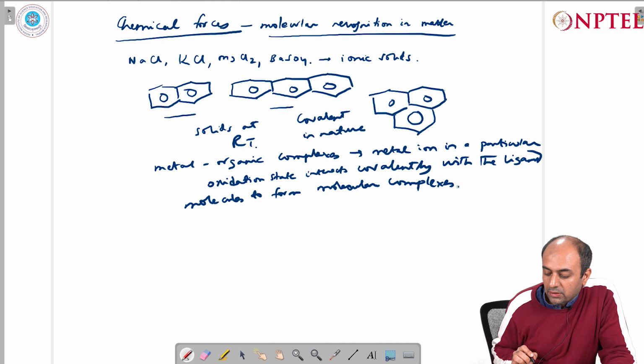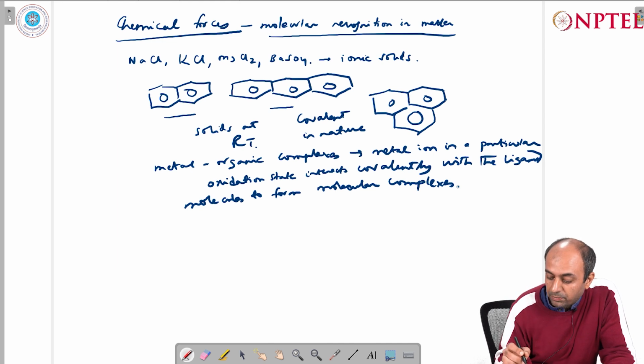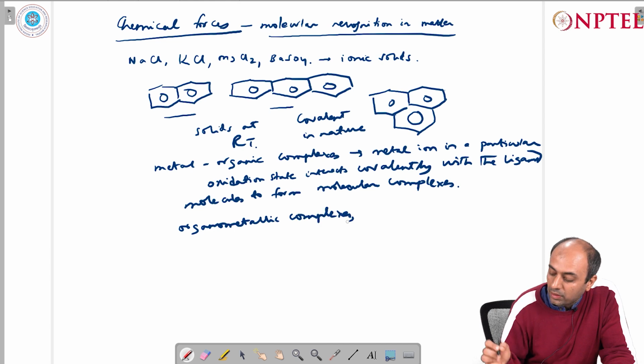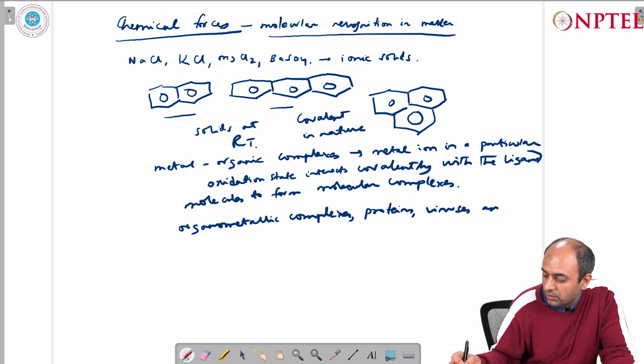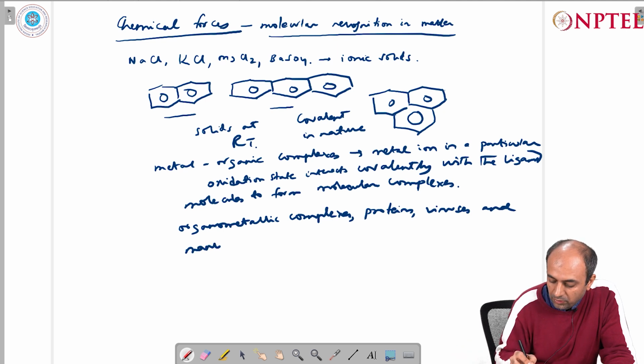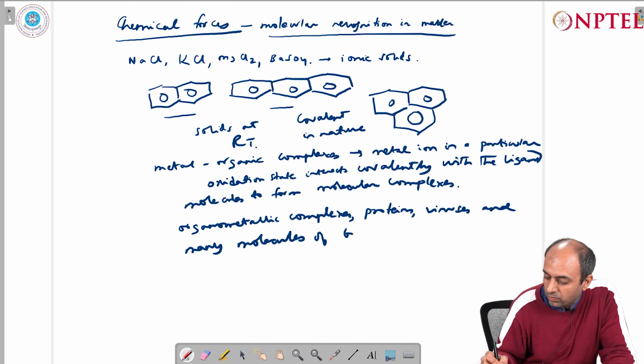And these can also exist in a solution in the liquid state as well as in the solid state. So we also have these kind of metal organic complexes. We also have organometallic complexes, we can have proteins, we can have viruses, and many molecules of biological origin.